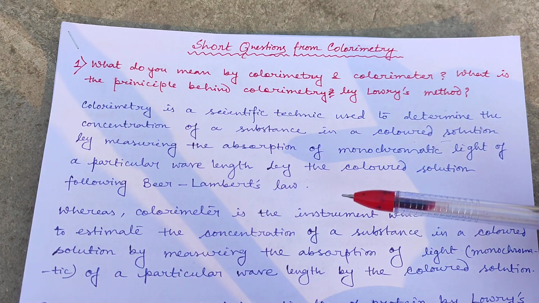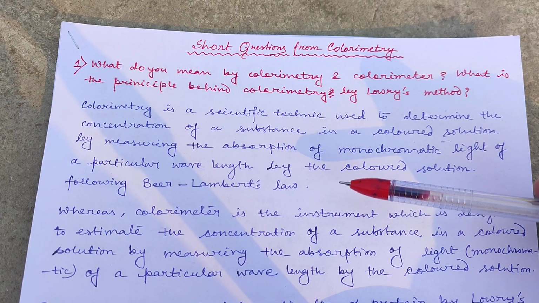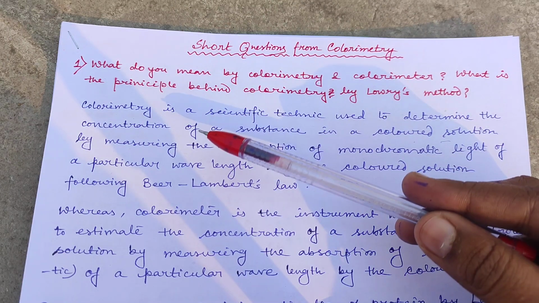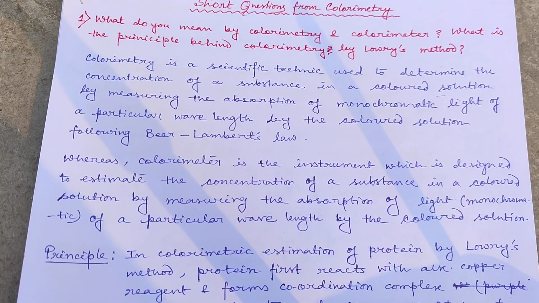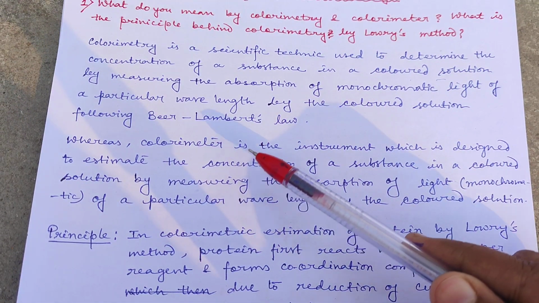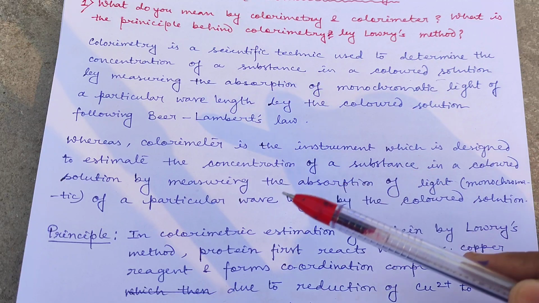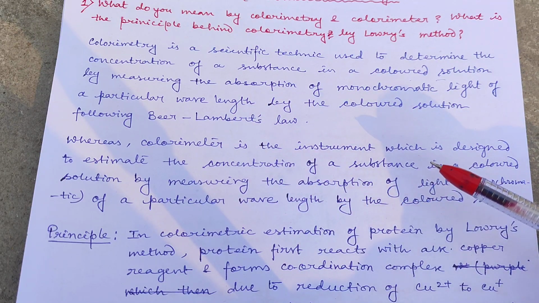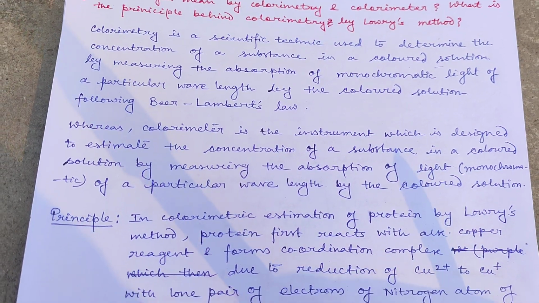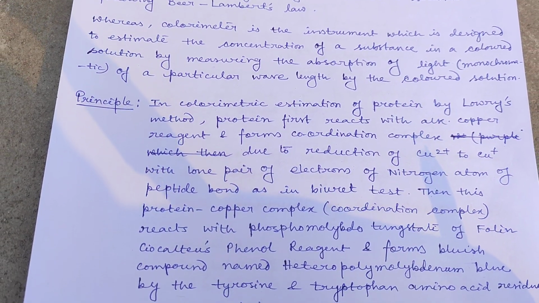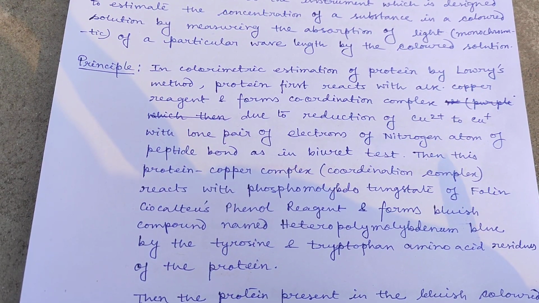Following the Beer-Lambert's law, then you can get the required concentration of the unknown sample solution. And for that, we use the colorimeter. So colorimeter is the instrument which is used to determine the concentration of any substance in the colored solution following Beer-Lambert's law. Now, what is the principle behind the colorimetry by Lowry's method?